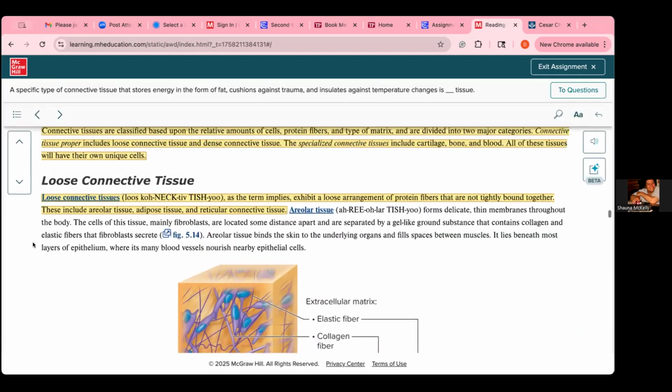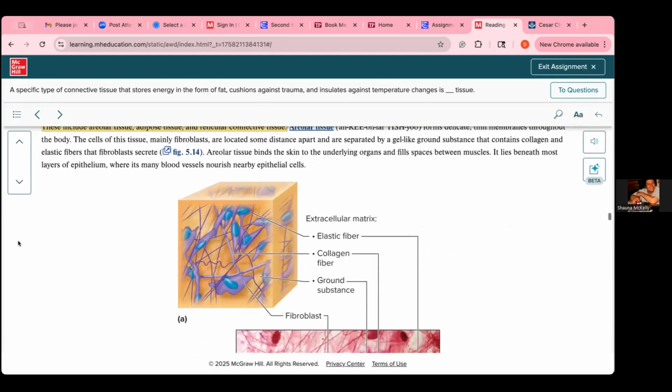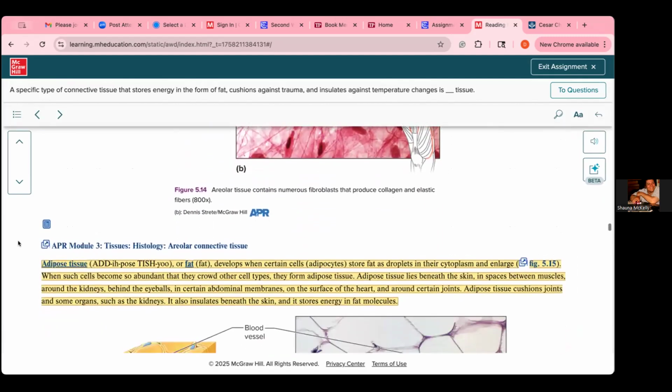Okay, so here we have it cushions. Okay, this is loose connective tissue. Keep going. It's going to be down here.